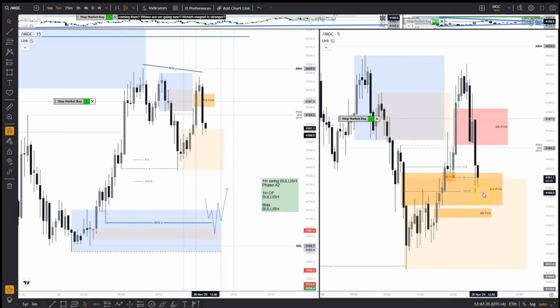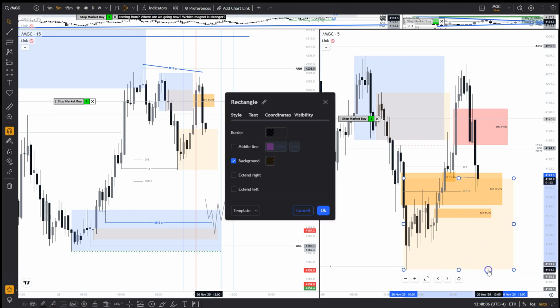And so there are a couple of confluences. M5 liquidity taken. Mitigation of the inversion fair value gap. 61.8 in the point. Mitigation of this level. And then mitigation of the M15 order block.